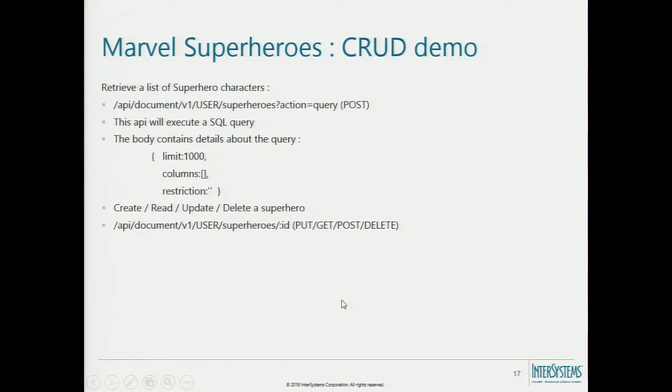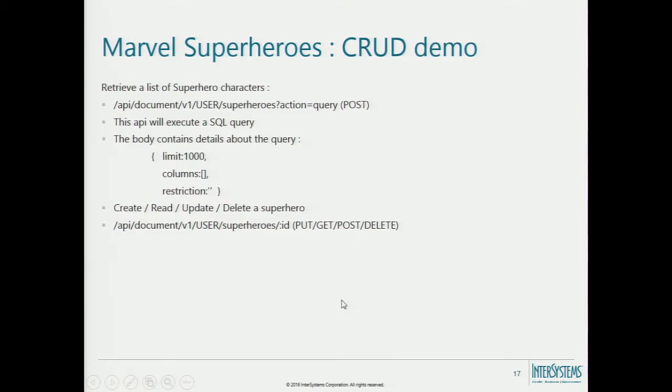And because it's doing an SQL query, in the body you need to say which are the columns that you want to get back, but if you don't give anything, it will return everything. And also the restriction, which is the where clause of the SQL that's going to be executed. You can say how many you want or the maximum, and then you will get an array of all the documents.